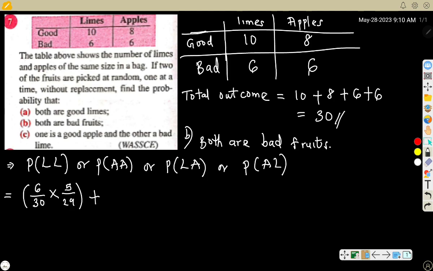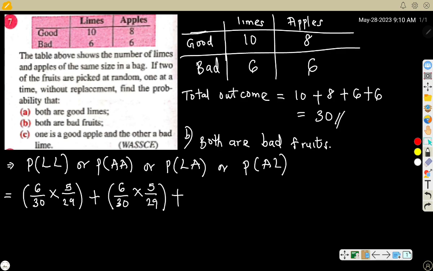Or apple: you have 6 apples that are bad. So that will also be 6 over 30 times 5 over 29.